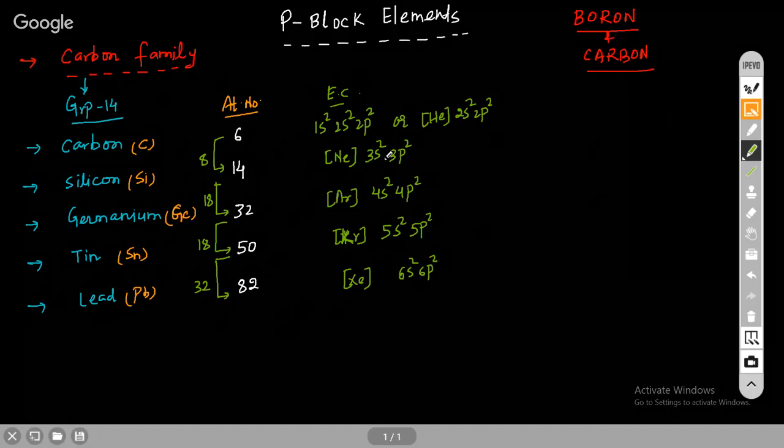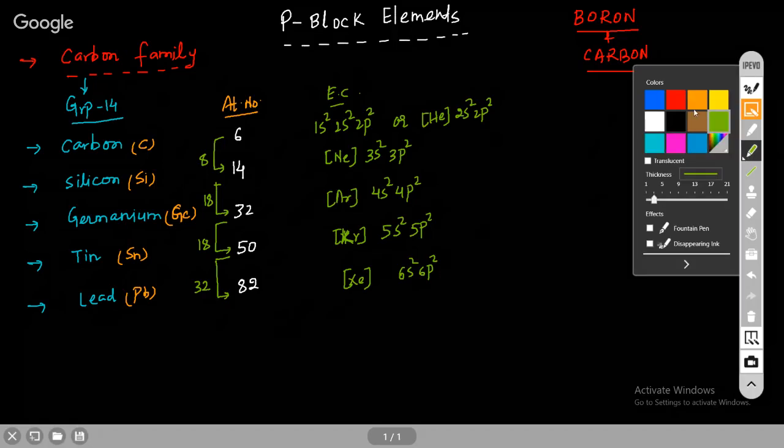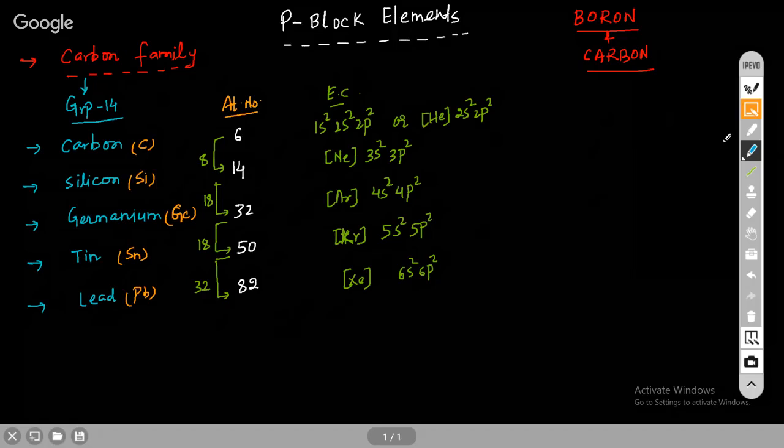One important thing here, you have to understand: in germanium, before this 4s, we have completely filled 3d orbital, 3d10. Similarly, in tin, before this 5s, we have completely filled 4d orbital, 4d10.